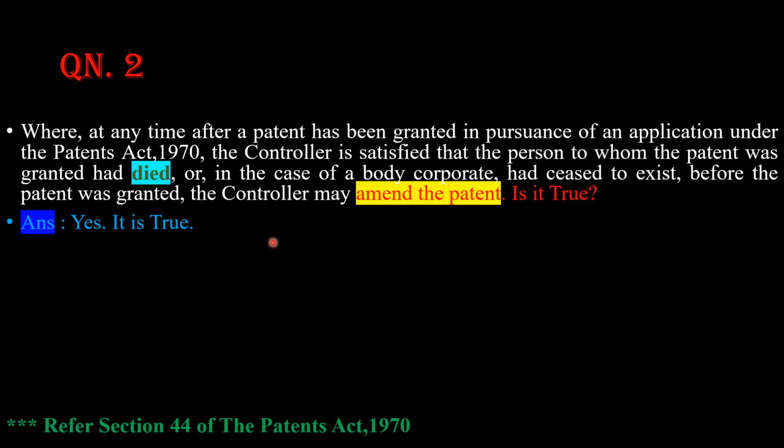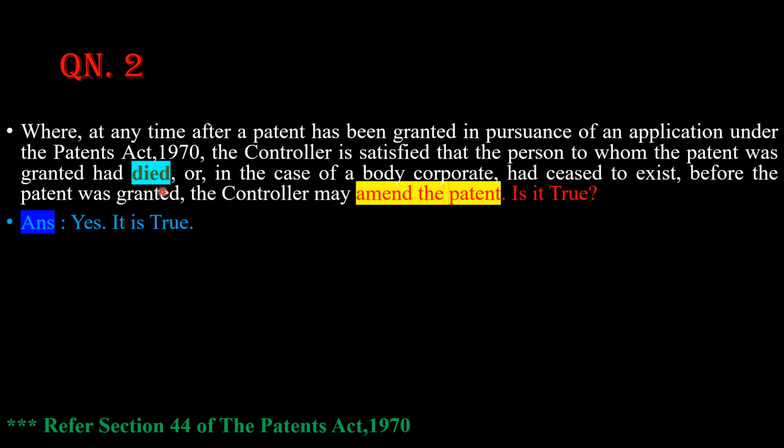Let me read it again actually. Where at any time after a patent has been granted, that means the condition is after the grant of the patent, in pursuance of an application under the Patents Act 1970, as per the Patent Act, the controller is satisfied that the person to whom the patent was granted, that means the patentee, had died.